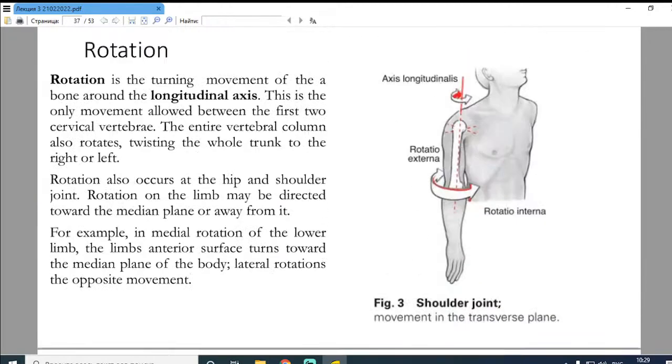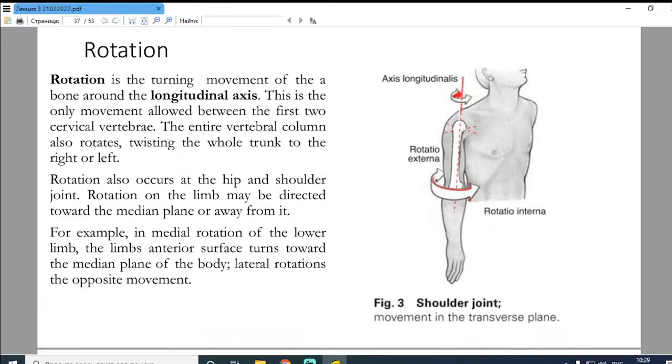Rotation. Rotation is a turning movement of a bone around the longitudinal axis. This is the only movement allowed between the first two cervical vertebrae. The entire vertebral column also rotates, twisting the whole trunk to the right or left.